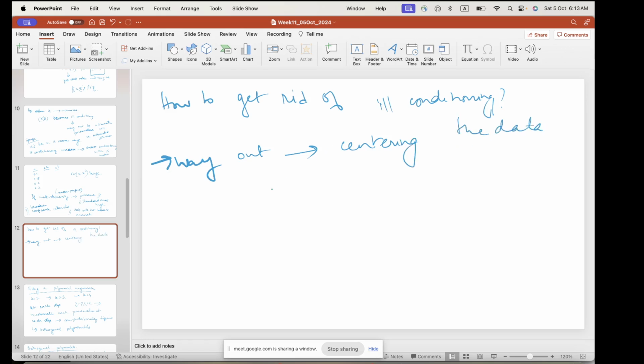Okay, so instead of y equal to beta naught, we'll fit y equal to beta naught plus beta 1 (x minus x bar), and then beta 2 (x minus x bar) square plus beta 3 (x minus x bar) cube, and so on.